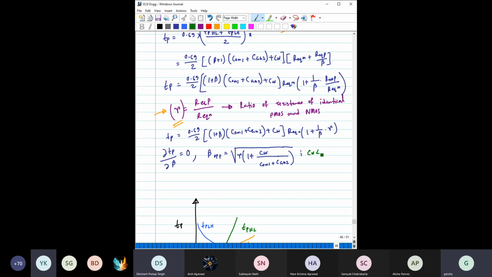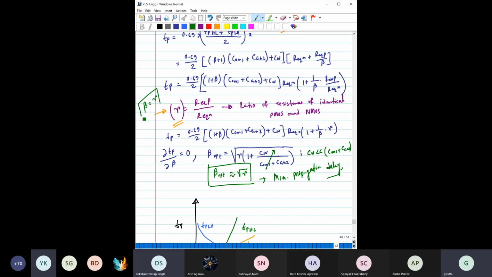When CW is much lower, meaning the wiring capacitance is much lower than these two capacitances, the output capacitance of NMOS and the gate capacitance of this NMOS, then this part can be neglected, and you see this beta optimized would be nearly equal to root over of R. So please note, this is very important, right? This is for minimum propagation delay.